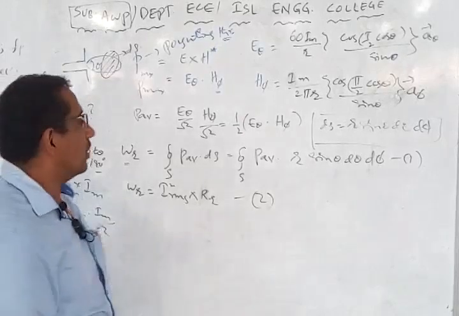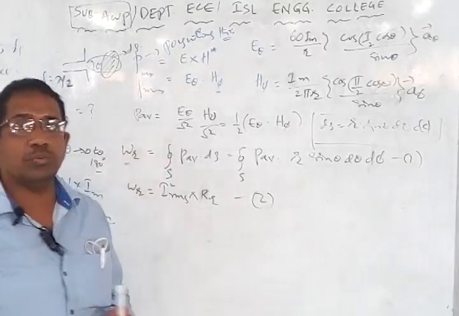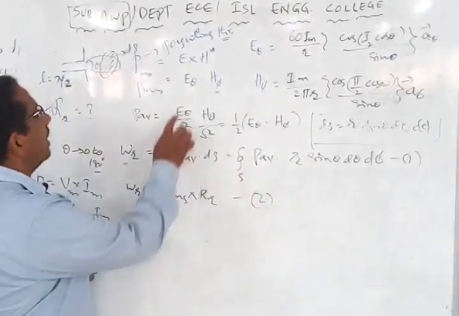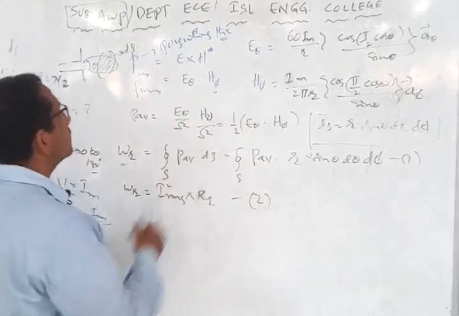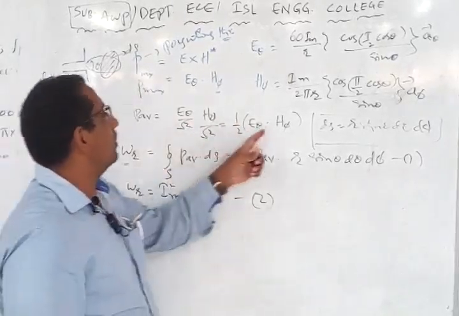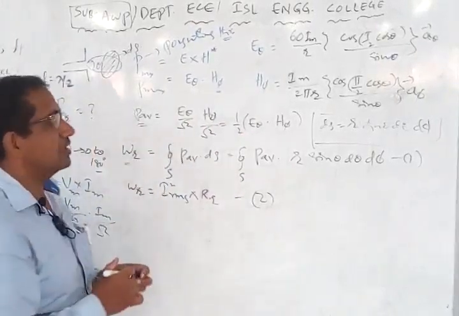Similar to this, here also we want to find the average value, which is going to be the RMS related value. Therefore I will write E theta by root 2 and H phi by root 2. So this becomes 1 by 2, root 2 times root 2 becomes 2. Therefore 1 by 2 E theta H phi is the basic formula for the average power.